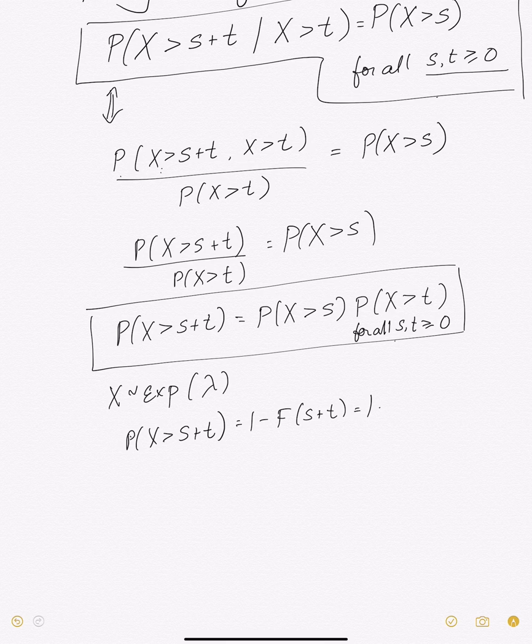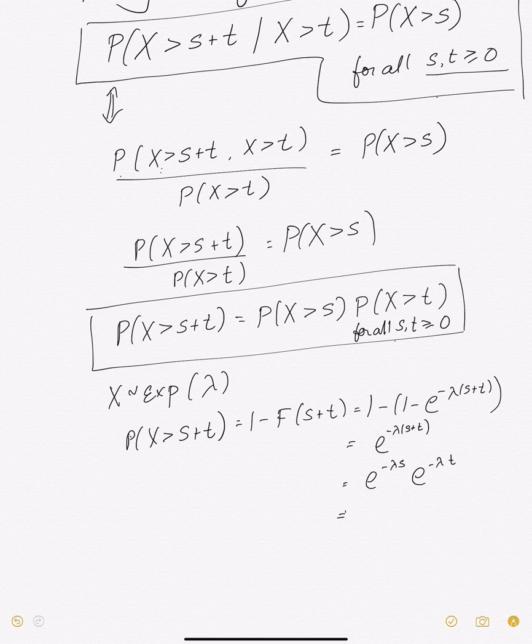So that's 1 minus 1 minus e to the minus lambda (s plus t). Okay, so that's just e to the negative lambda (s plus t), which is e to the minus lambda s times e to the minus lambda t.